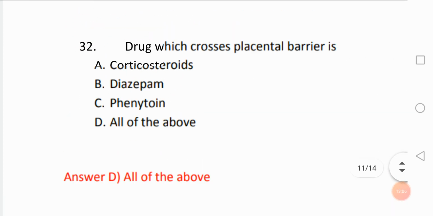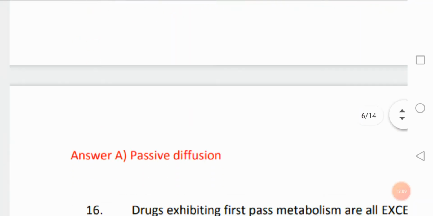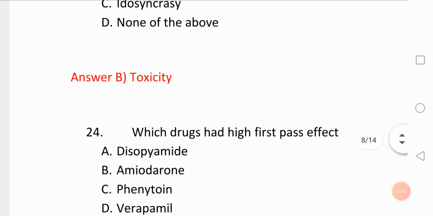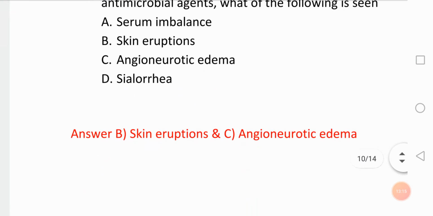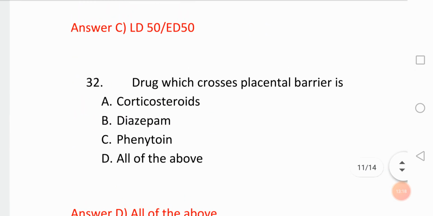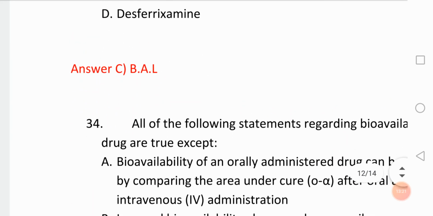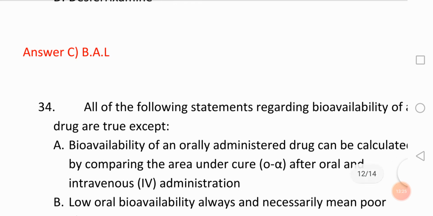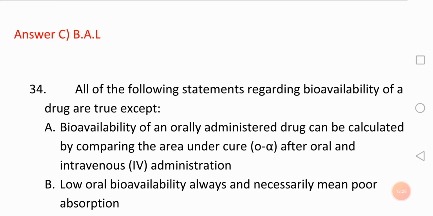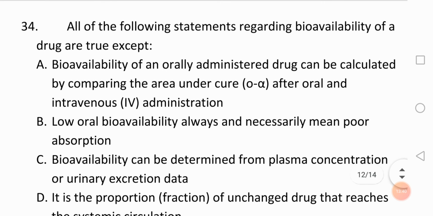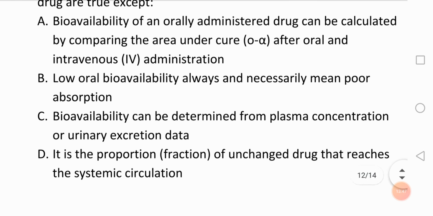34. All of the following statements regarding bioavailability of a drug are true except A, bioavailability of an orally administered drug can be calculated by comparing the area under the curve after oral and intravenous administration; B, low oral bioavailability always and necessarily means poor absorption; C, bioavailability can be determined from plasma concentration or urinary excretion data; and D, it is the absorption of unchanged drug that reaches the systemic circulation.